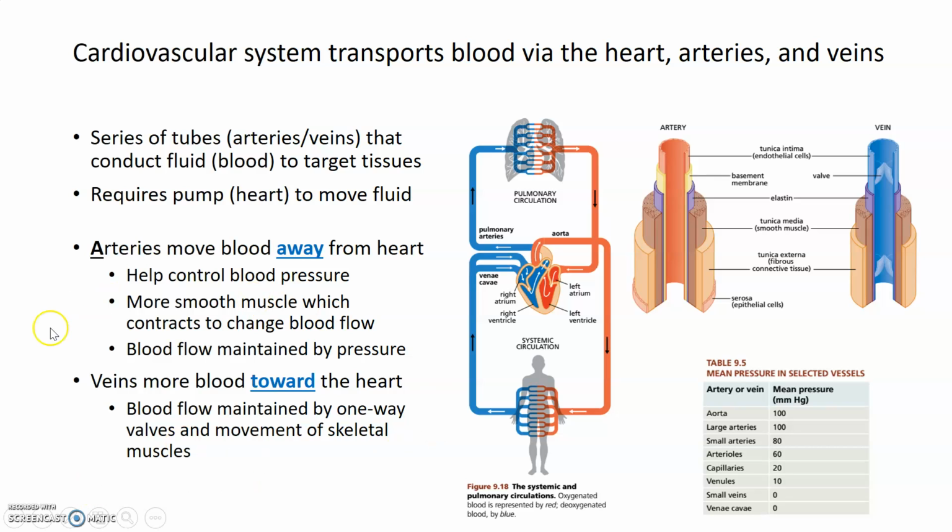Like any fluid transport system, it is a series of tubes, specifically arteries and veins, that conduct a fluid, which is your blood, to a target tissue. And like any fluid transport system, it requires some kind of pump to move the fluid. In this case, the cardiovascular system's pump is the heart.